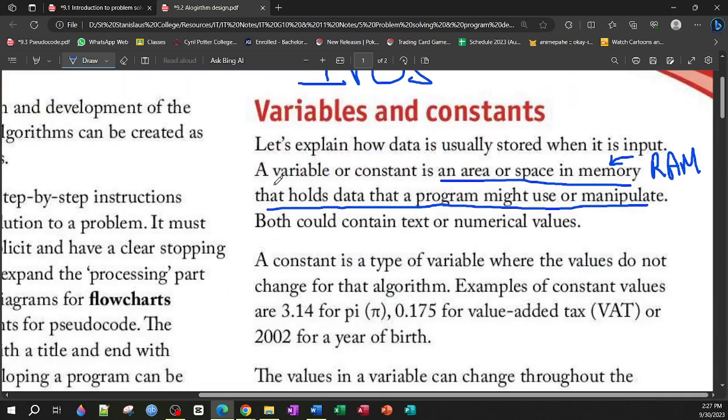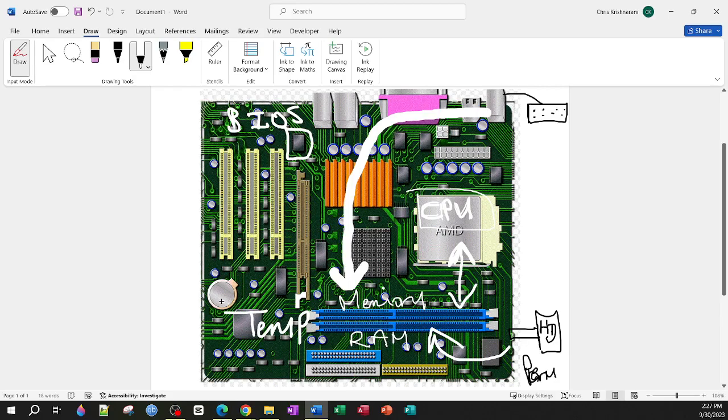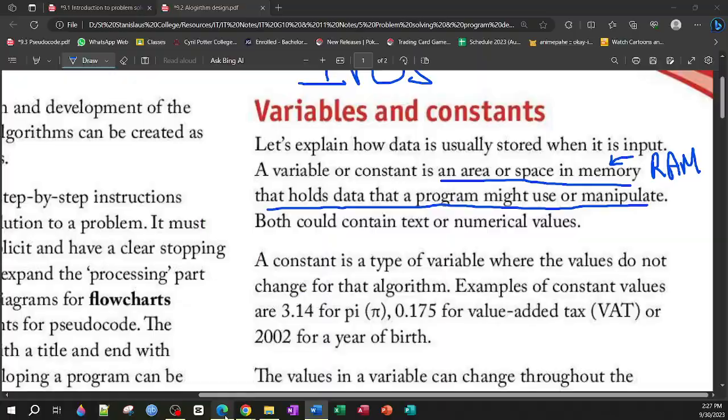So, going back to what we're looking at, a variable or constant is an area or space in that memory, or this RAM here. So a little piece of this RAM here is where the variable is going to be stored. And that is going to hold the data that the program is going to need to operate, to function, to manipulate.